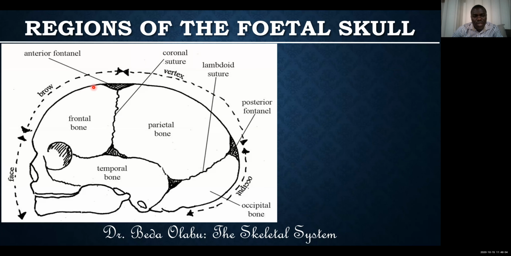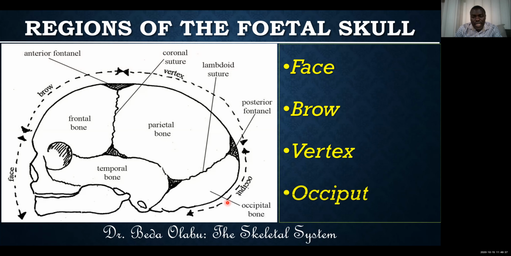From that ridge to where the frontal and the parietal bones meet, we call that the brow. From where those meet to where the occipital meets parietal, we call that the vertex. And beyond that, that's what we call the occiput. So those are the regions of the fetal skull: face, brow, vertex, and occiput.